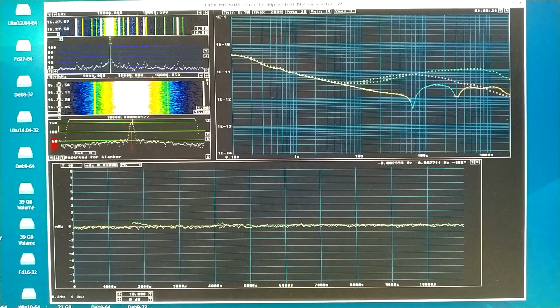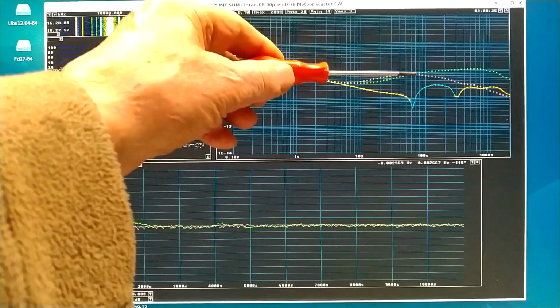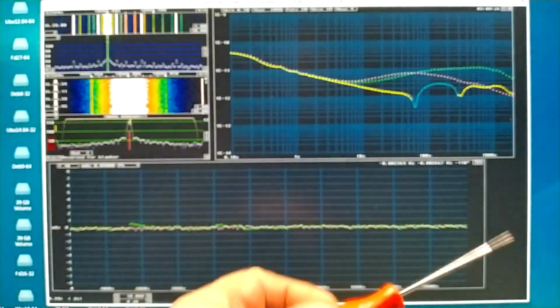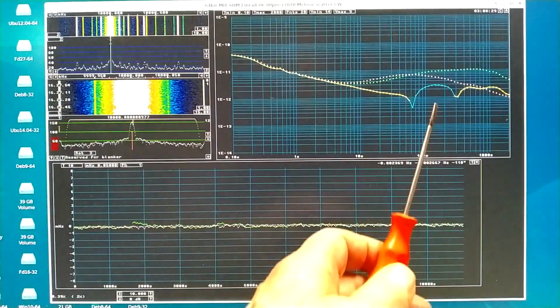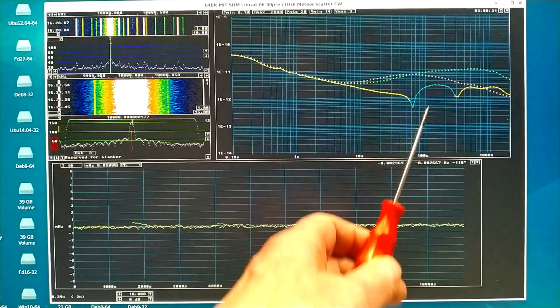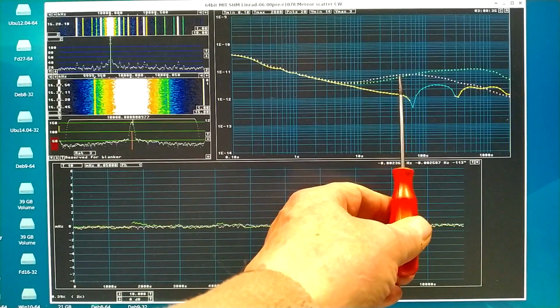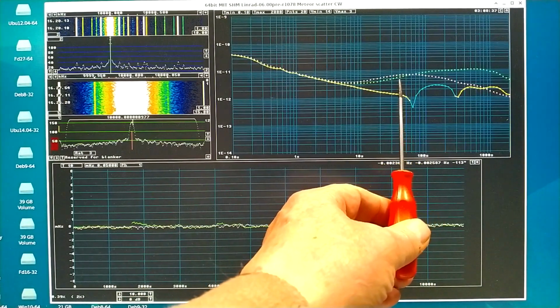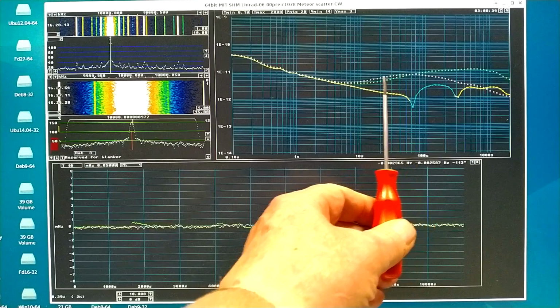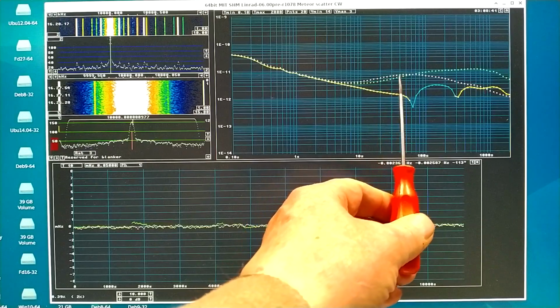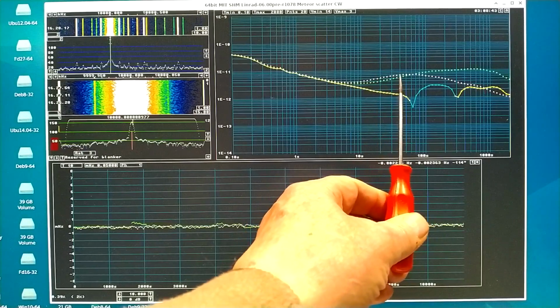So there is some stability problem, which can be seen very clearly here, while the channel 2 oscillator behaves as expected. At about 40 seconds, 20, 30, 40 seconds, the rubidium takes over.